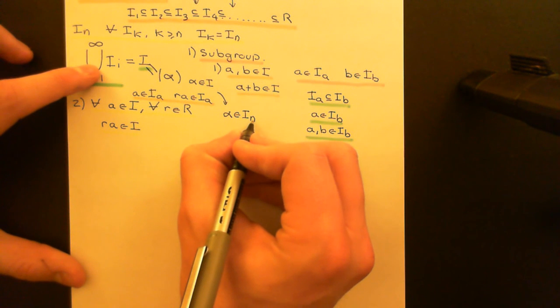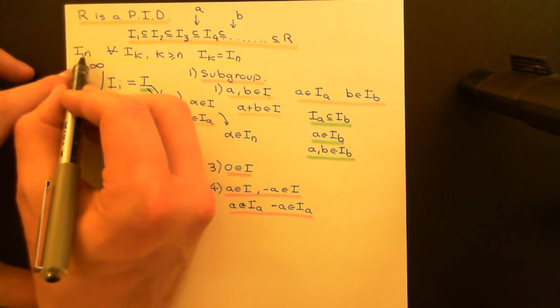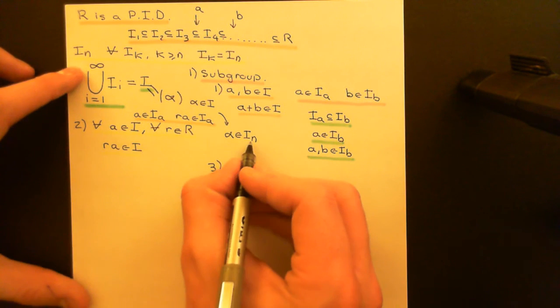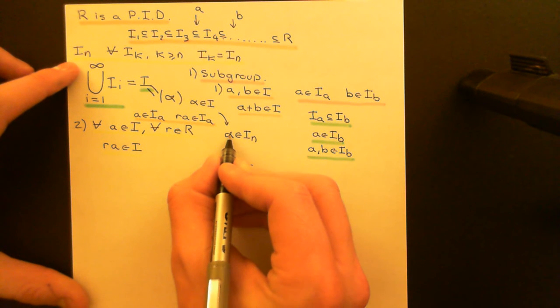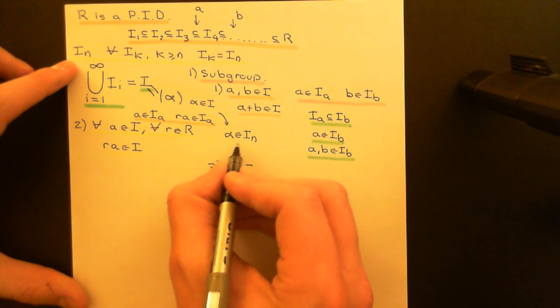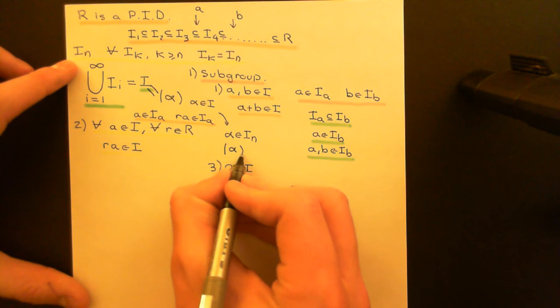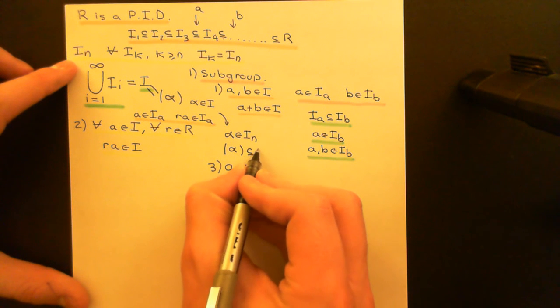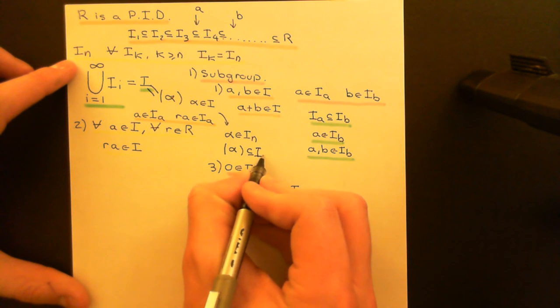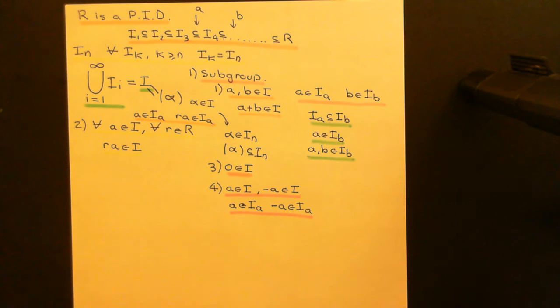So you go up to some little n, and indeed this is going to end up being the same little n as up here, and you find that alpha is in that ideal. And of course, the instant alpha's in there, the entire principal ideal generated by alpha has to be in there, because it's closed under multiplication, so all multiples of alpha have to be in there.